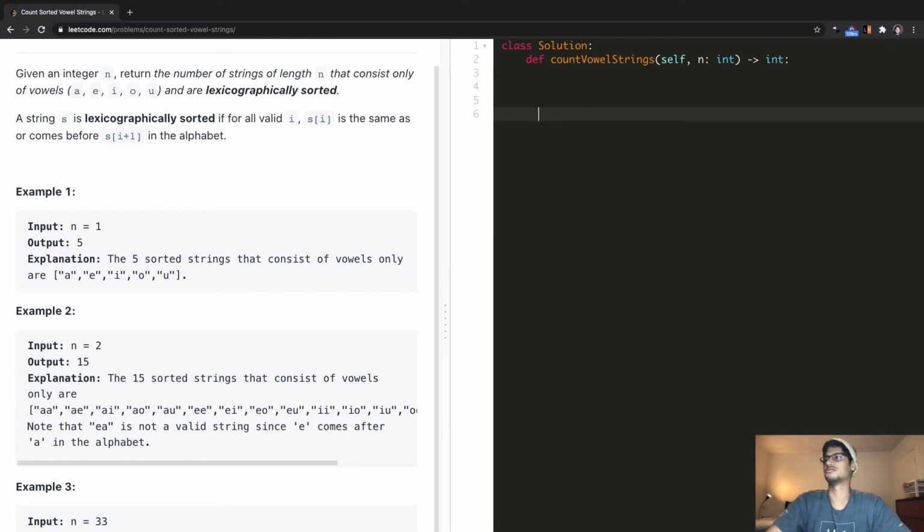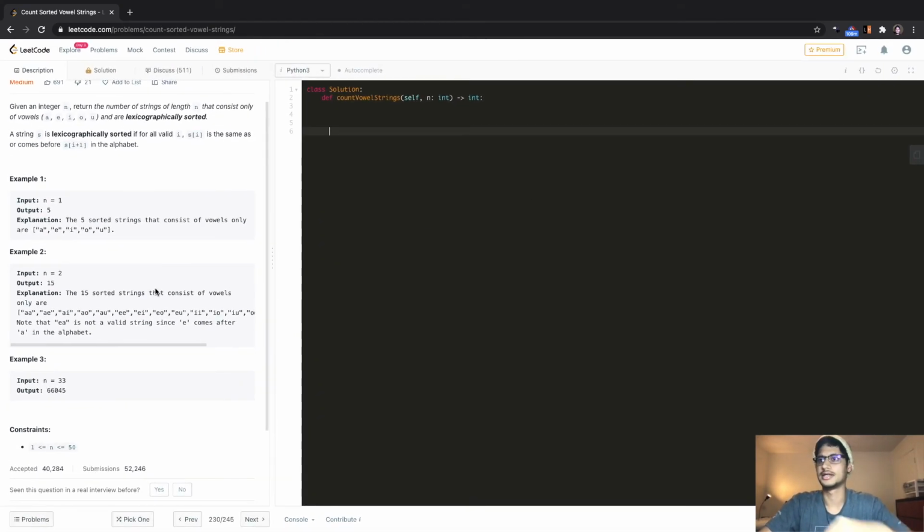And so that's our constraint, and looking at it, it seems to be a dynamic programming problem where we're trying to find the total number of strings for a particular value of n, and we're doing it by solving subproblems.